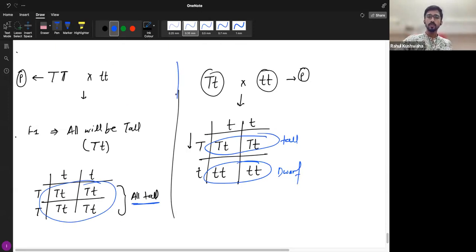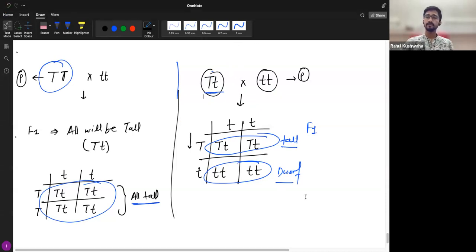So if you do this cross and you figure out that all F1 progenies are tall, then you can say that the parent was homozygous tall. And if you do this cross, taking a tall parent and a dwarf parent, and you see that in the F1, half are tall and half are dwarf, 50% tall, 50% dwarf, then you can say that the tall parent was a heterozygous parent.